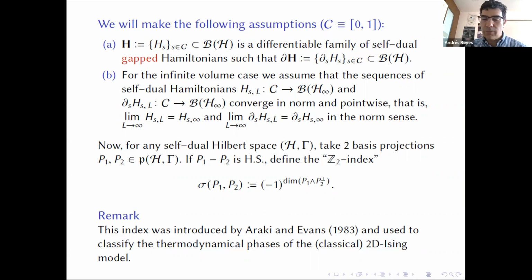Now, in the context of topological phases of matter, or topological insulators, you have to include another condition, which is that these Hamiltonians respect the symmetries. So if you have time reversal invariance, you would need to keep that property all along this path. But here I am not assuming anything else about symmetries.